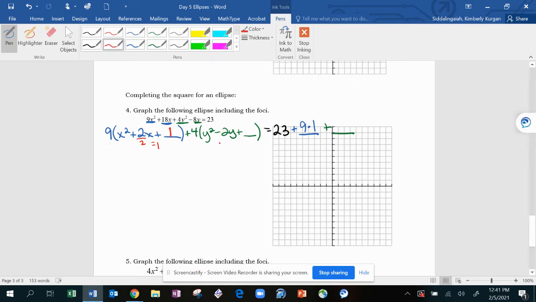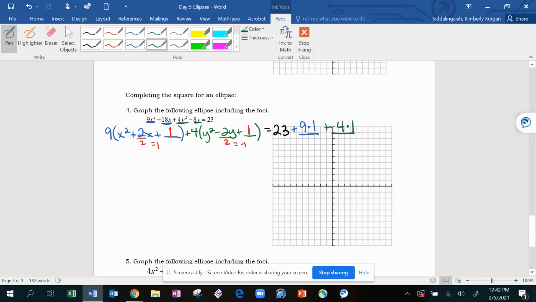So let me show you how that works with this one. I'm going to take that -2 and divide it by 2. I get -1, and -1 times -1 is a +1. So this blank over here is going to be 4 times that +1.